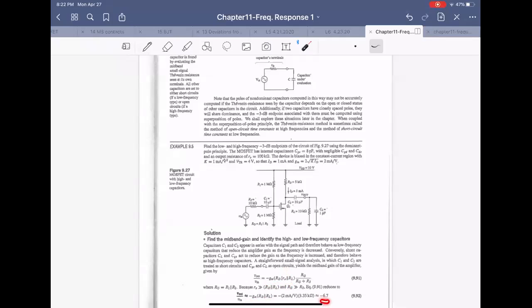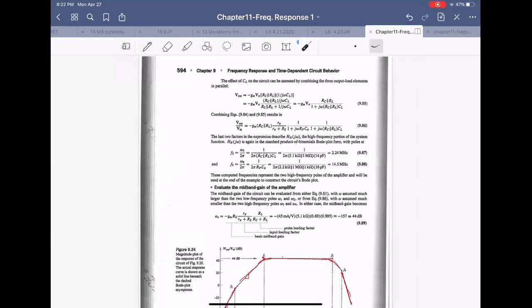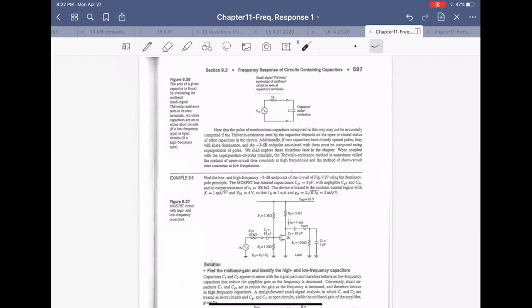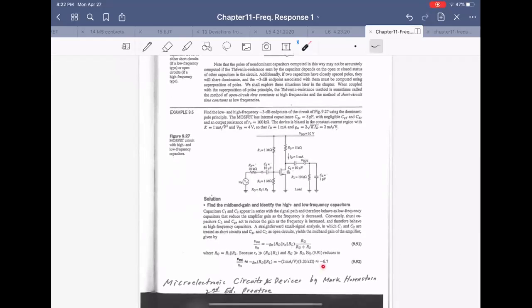So it's minus gm, RD, RL in parallel like that, approximately. Gain is negative 6.7. Again, this FET gain is quite low, 3 to 5, 6 like that. And the BJT gain is 50, 100, 150, something very high. See what we had in this case. This case we had 157 gain, but here with the FET, the gain is like 6.